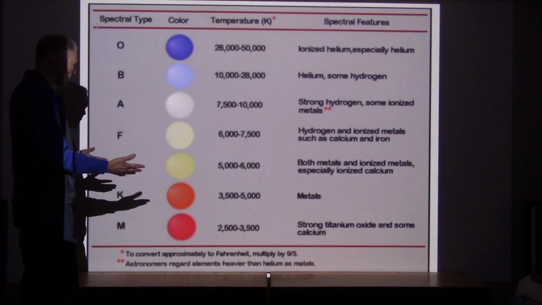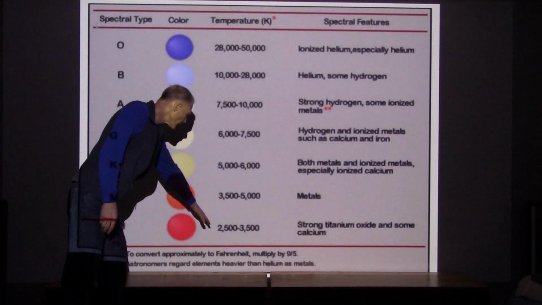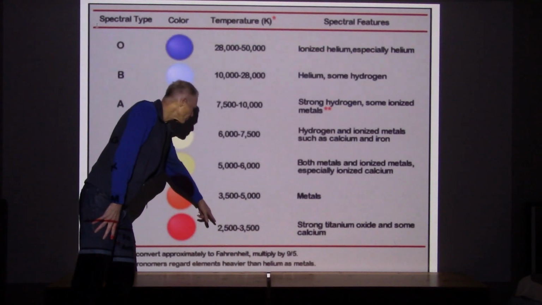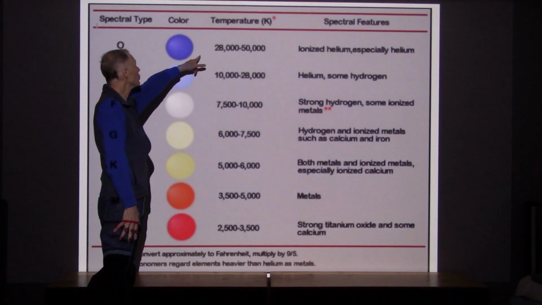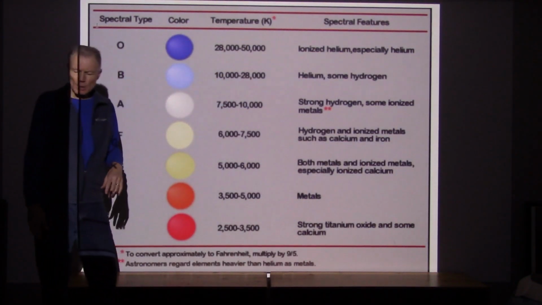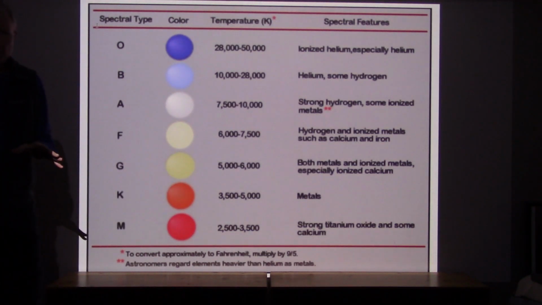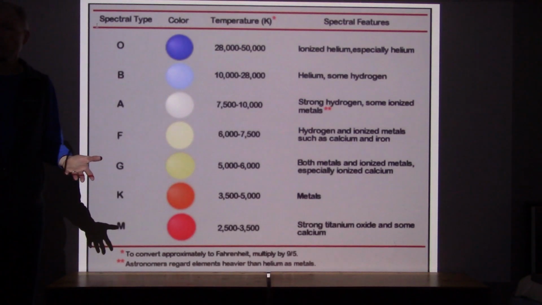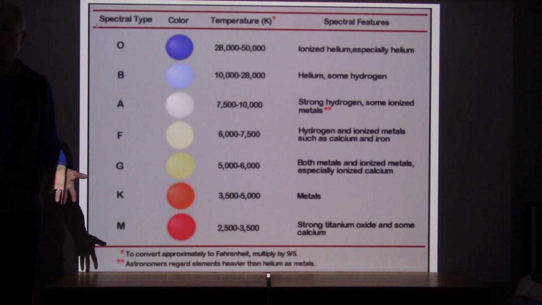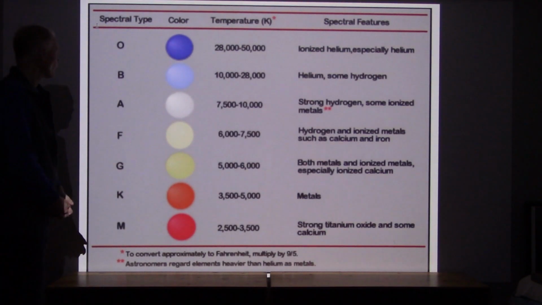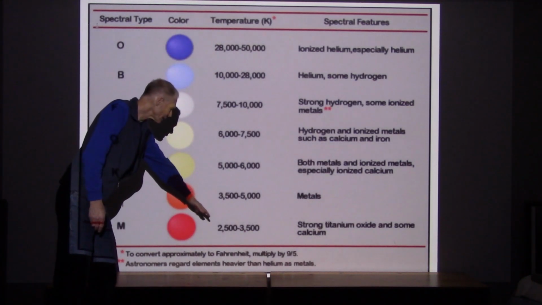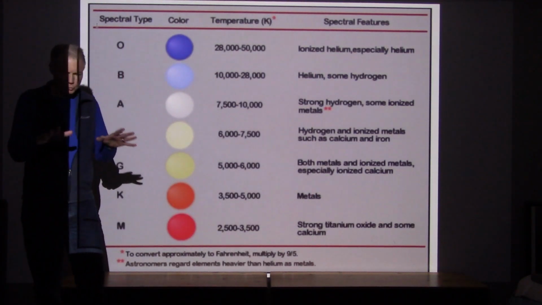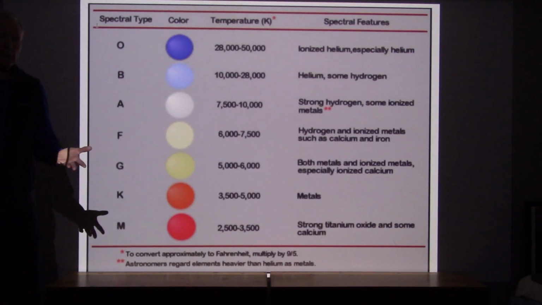When we look at stars, surface temperatures run, as this was saying, from about 3,000 Kelvin up to about 50,000 Kelvin. And because of the temperature, again, think back to chapter 37 and the Planck radiation distribution function. What we're seeing is that at lower temperature, most of the light actually is coming out as infrared.